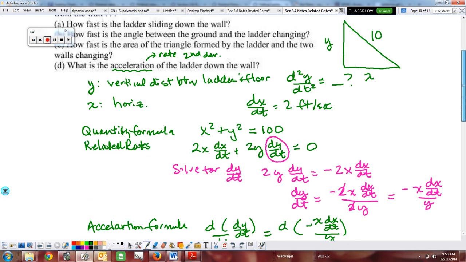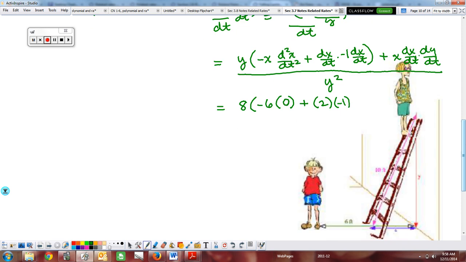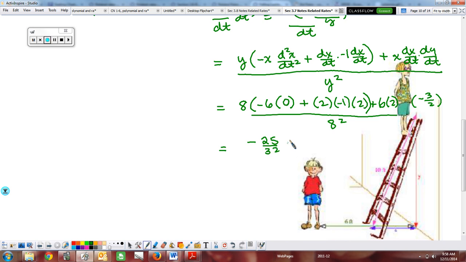Hold on, I've got to figure out where I am in the formula. So negative 1 times our 2 plus my x, which was 6, dx dt, 2, dy dt, which was a negative 3 halves from before, all over y squared, 8 squared. So we had everything, we plug it in. I'll leave you to do the arithmetic. You get negative 25 over 32 feet per second squared.